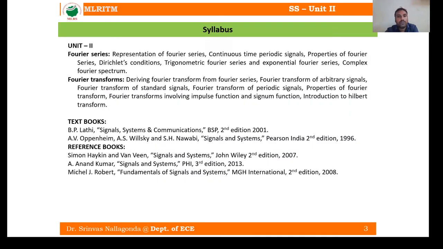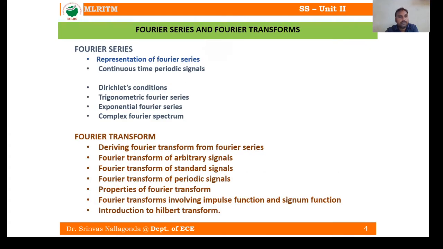So as usual I am showing here the syllabus of Unit 2. Here we'll discuss properties of Fourier series. In the previous lectures, we discussed the representation of Fourier series for continuous time periodic signals: complex exponential Fourier series and trigonometric Fourier series.